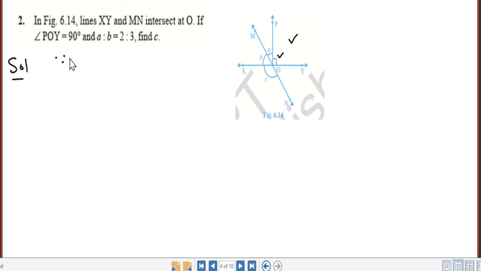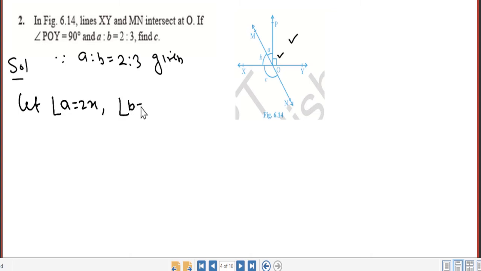So since A ratio B is equal to 2:3, and angle A is POM, let angle A be equal to 2x, angle B equal to 3x. Clear?